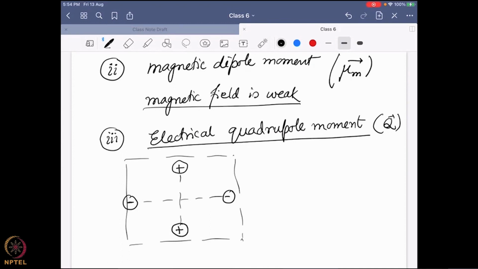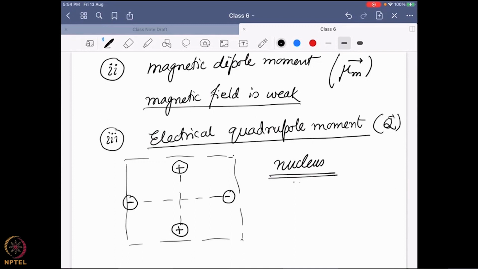And the electrical quadrupole moment, when it generates a big chunk of this moment, is influenced by the nucleus actually. So the presence of the nucleus in the molecule plays a huge role in creating this quadrupole moment.